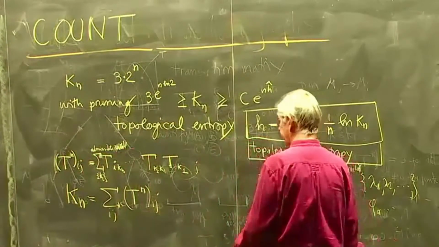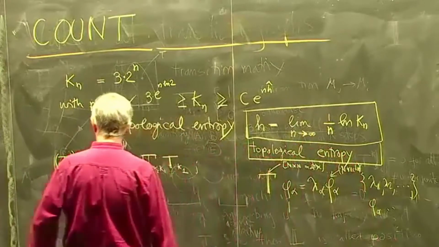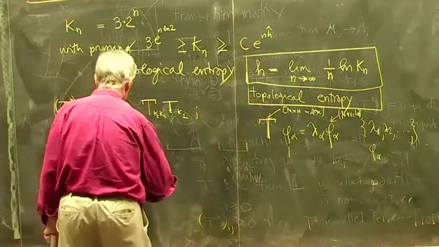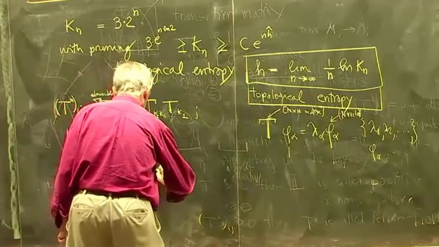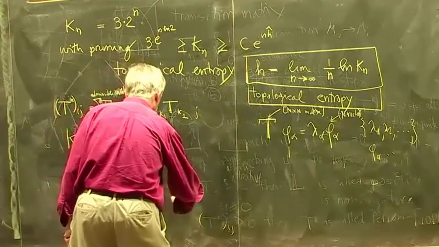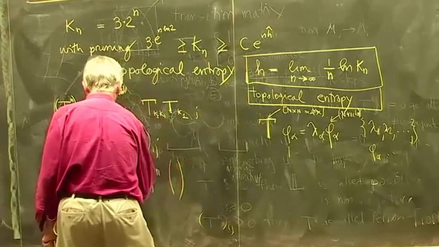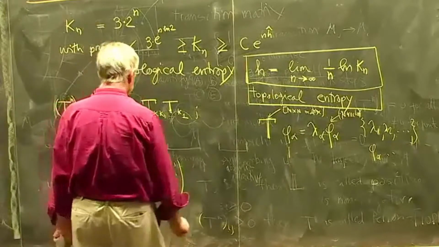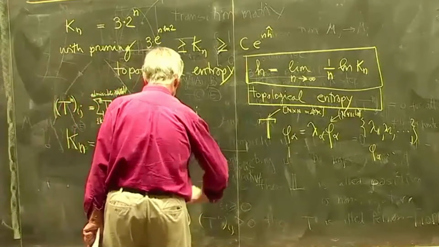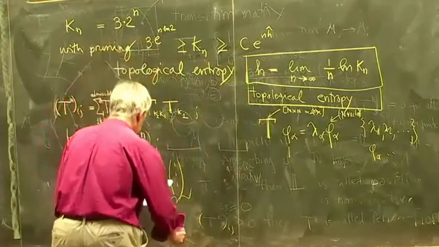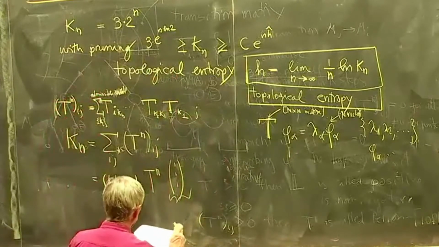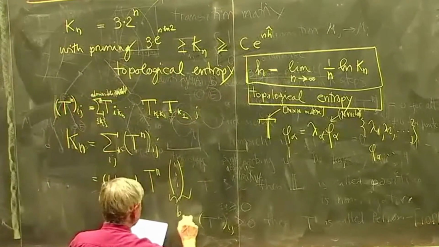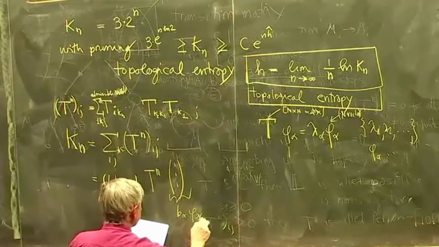So now what we can do is, you can write this as a unit vector, T to the n, times another vector, and then you can rewrite this vector in the basis, with some coefficients, alpha times the eigenfunctions.